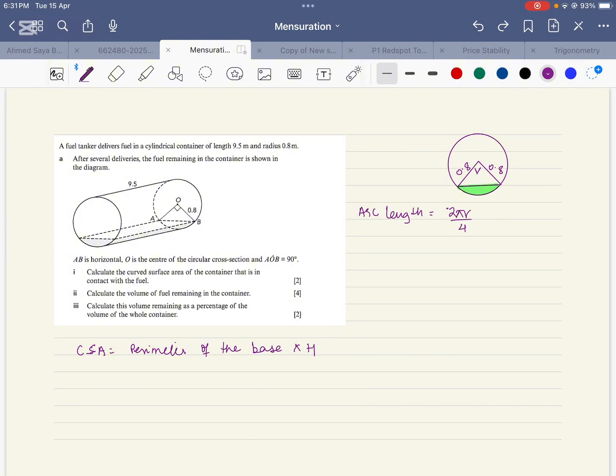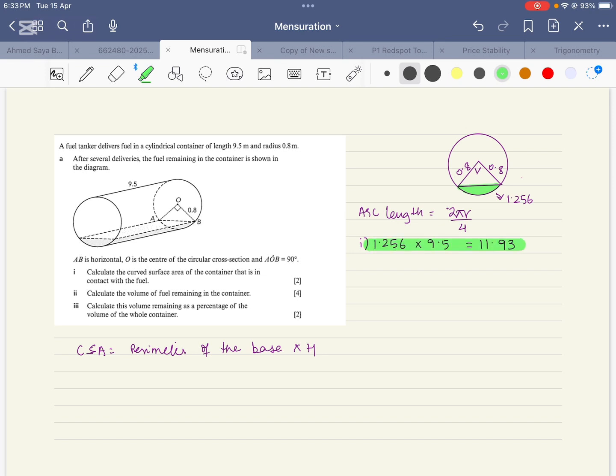So in this case 2 pi r divided by 4 gives me 1.256. Only this part, the arc length, is in contact with the fuel. So perimeter of the base into height, which is 9.5, is equal to 11.93. This is the answer for part 1.